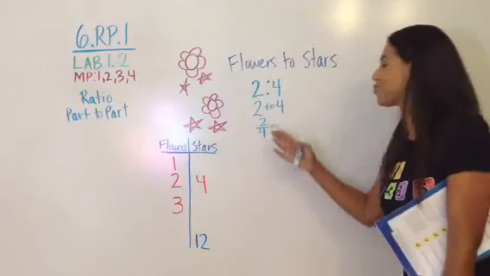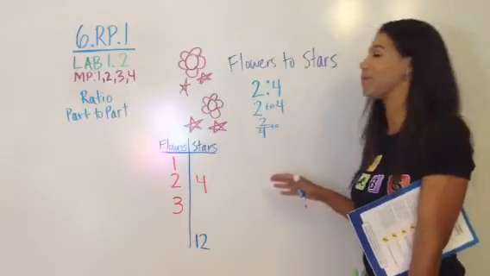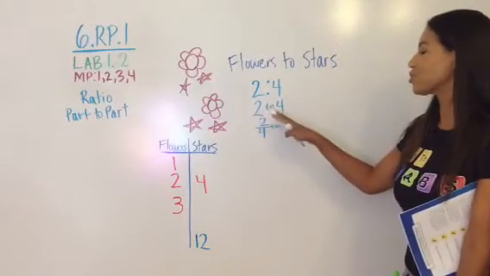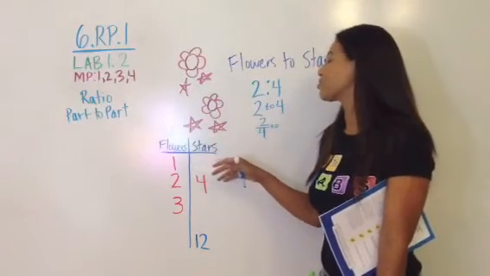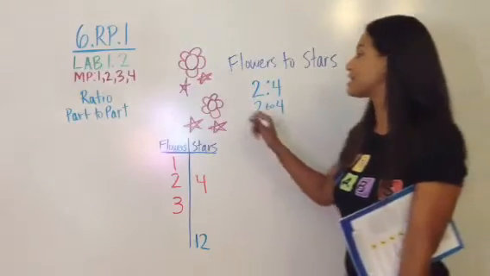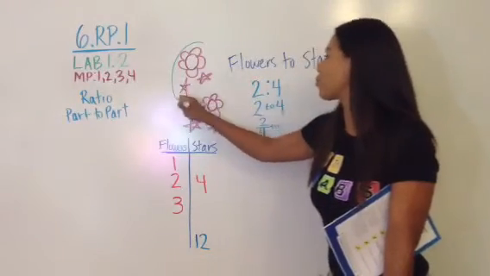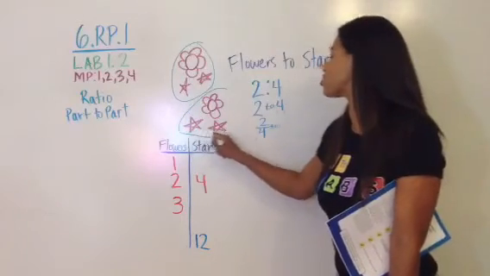You could think of it as 2/4, or 1/2, and we'll talk about that in a moment. We're going to reduce this now to lowest terms. So think about dividing this picture so that you have the same number of flowers and stars in each group. If I did that, then I would have 1 flower for every, you guessed it, 2 stars.